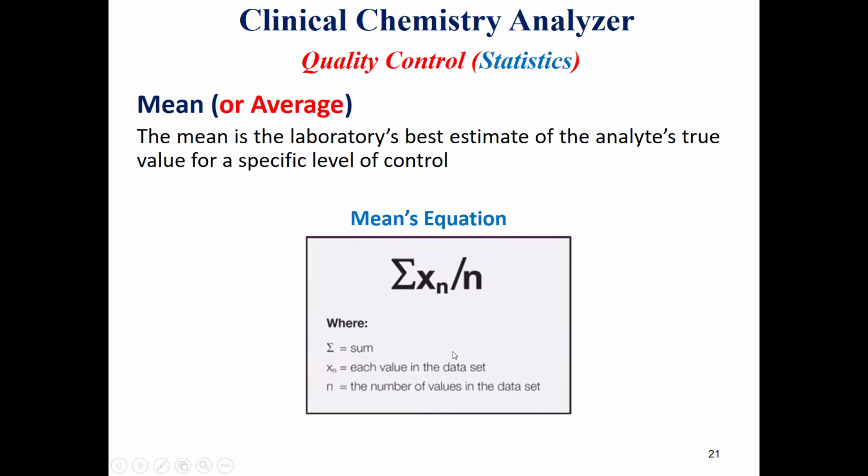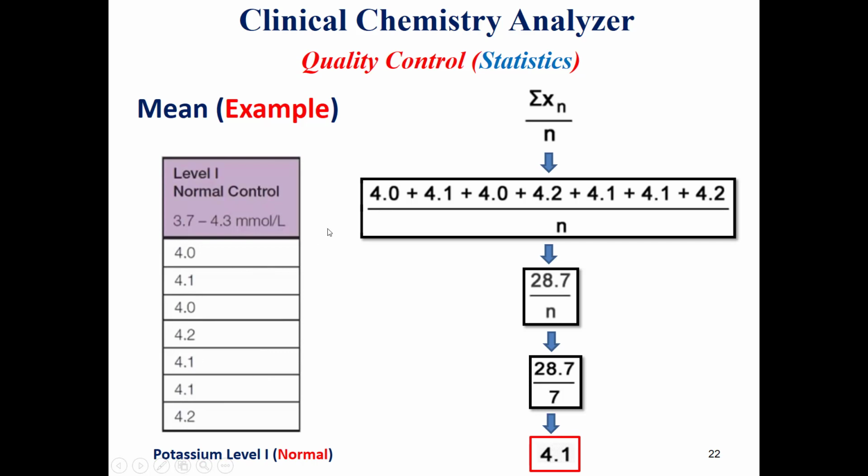First of all, the mean is the laboratory's best estimate of the analyte's true value for a specific level of control. As we can see here, this is the formula for the mean. Here is an example of the mean.